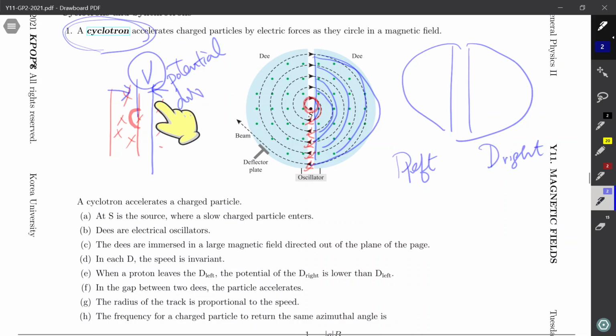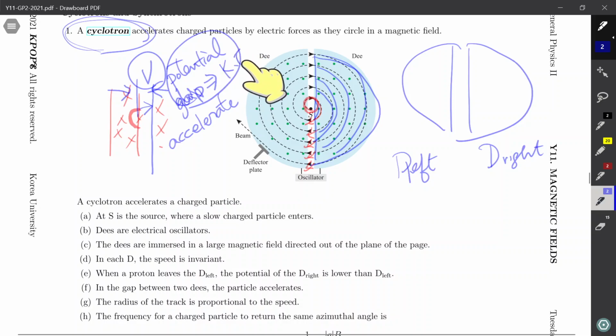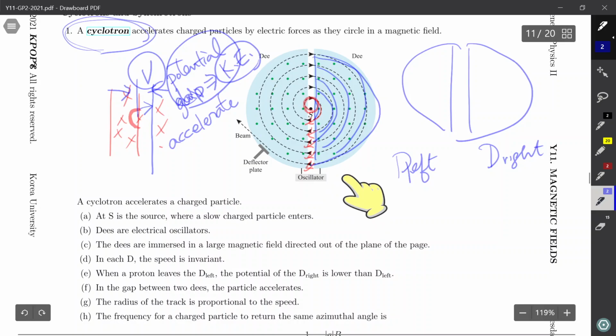That makes the electron or charged particle accelerate. So the potential gap gives rise to the kinetic energy increment. Kinetic energy is increased by the electric field.